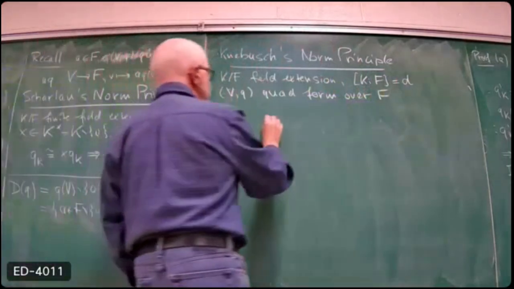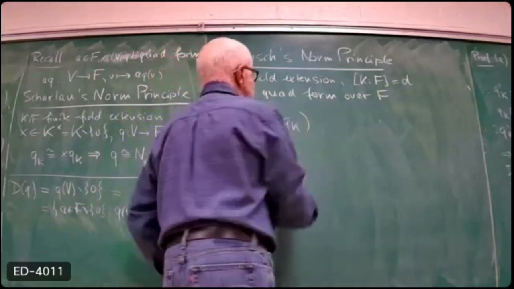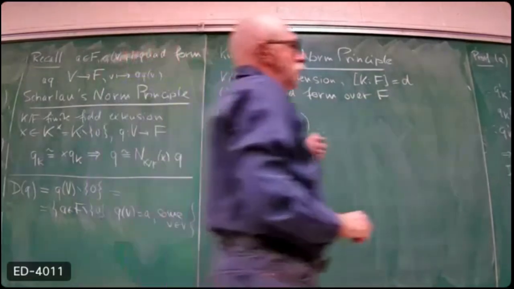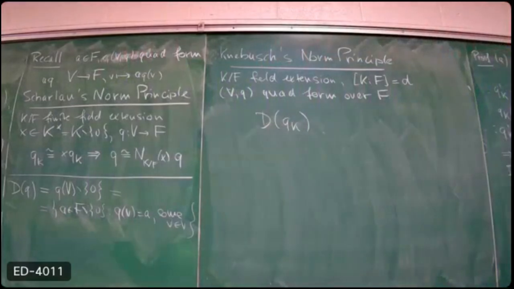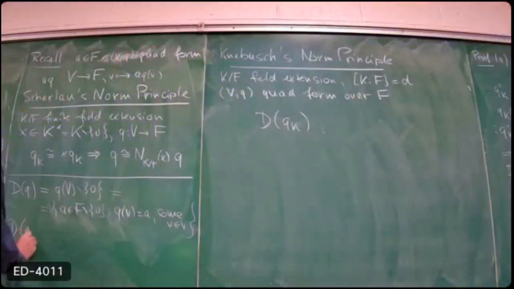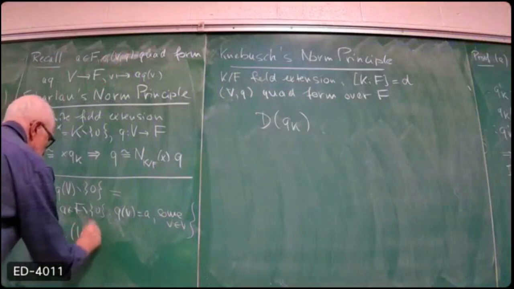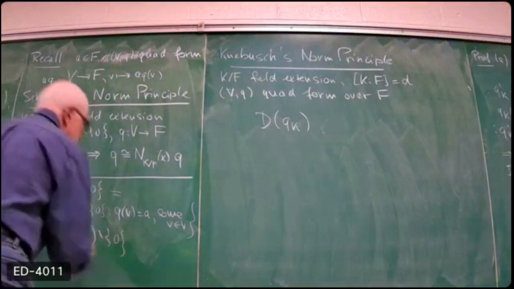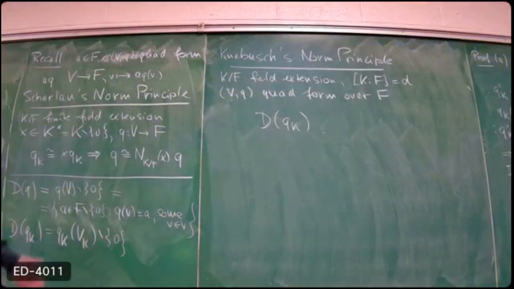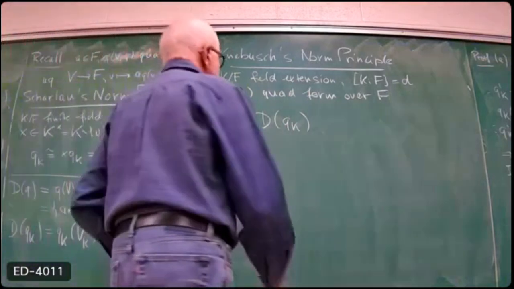Then we can consider its values over K. So first move up from F to K, we get a certain subset, right? And of course also the norm from K to F. This is a certain subset of the non-zero elements of K.